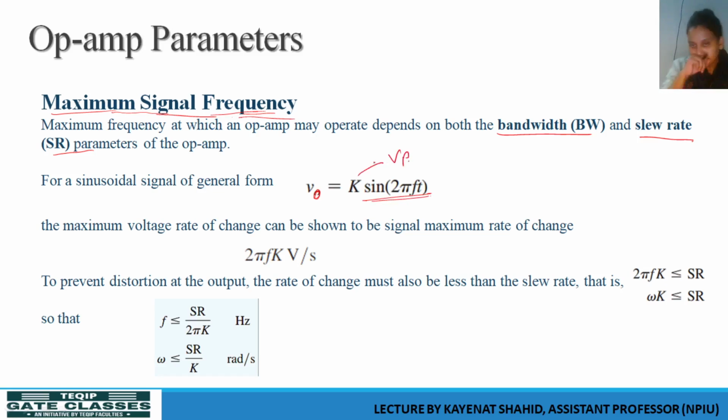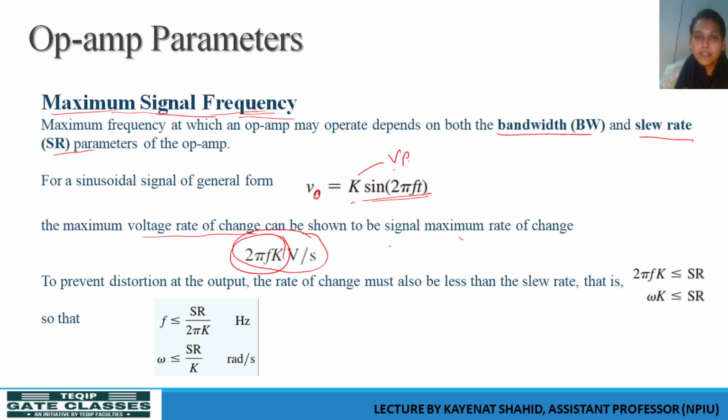In certain books it is denoted as K, in others as Vp. The maximum rate of change for the signal is 2 pi f K volt per second.